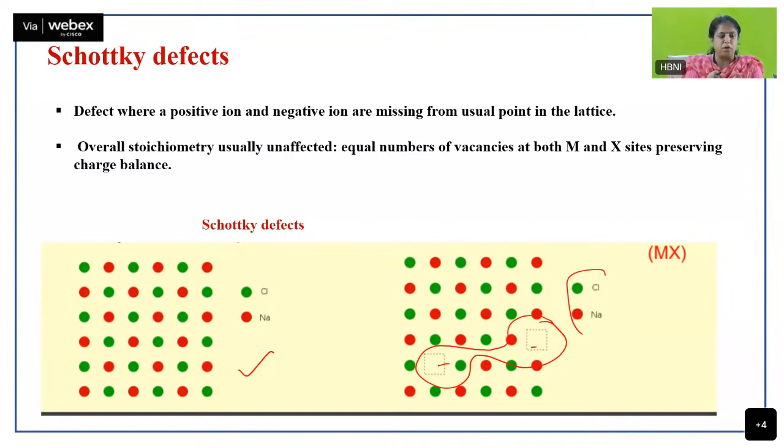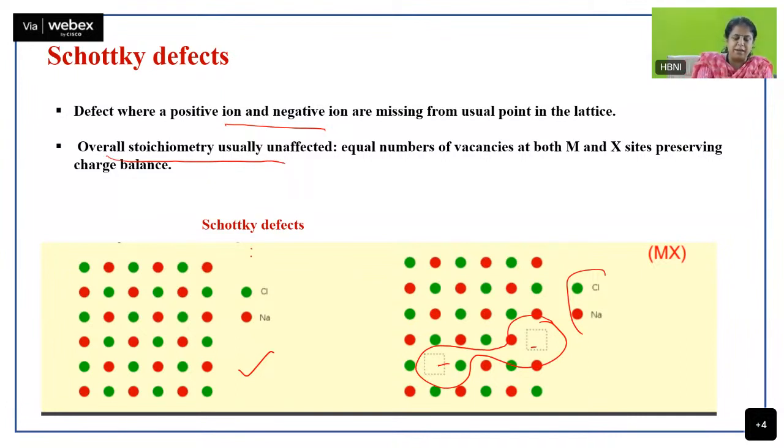It is a pair of a positive and negative ion missing from their usual lattice site. Okay, because simultaneously you are removing an equal number of sodium and chloride ions. So this particular defect does not disturb electroneutrality because both the charges are getting removed at once, and also the overall stoichiometry is not disturbed.